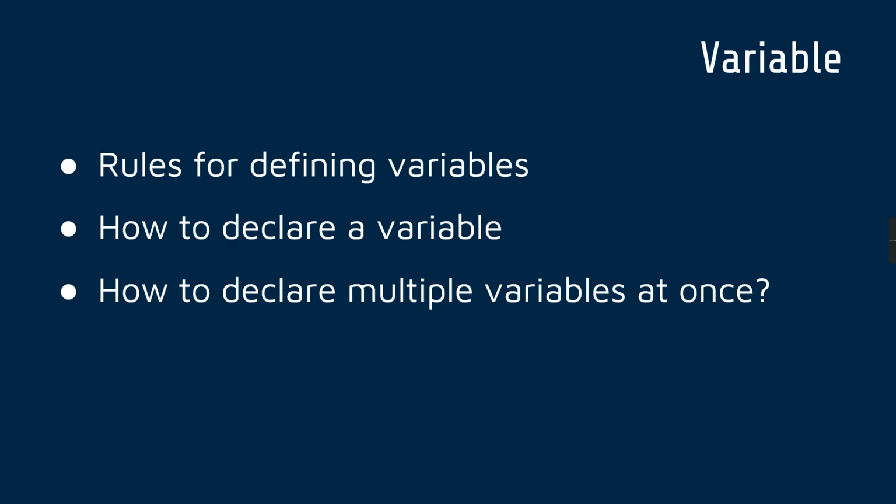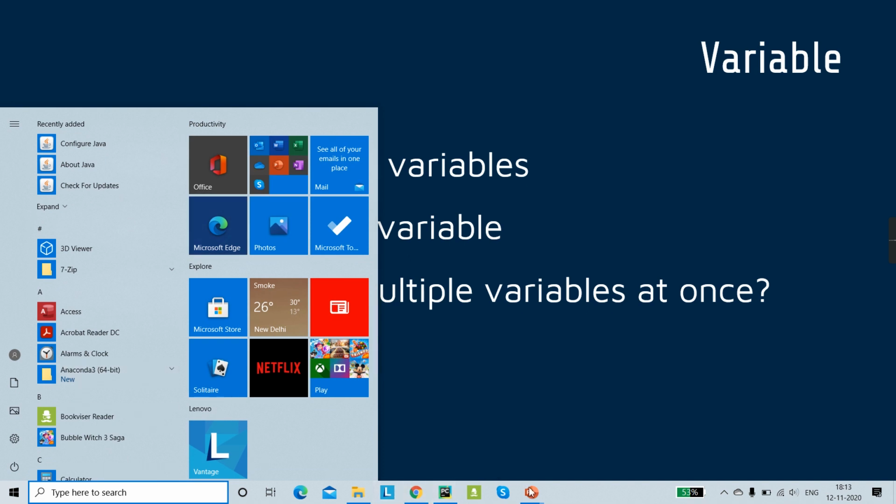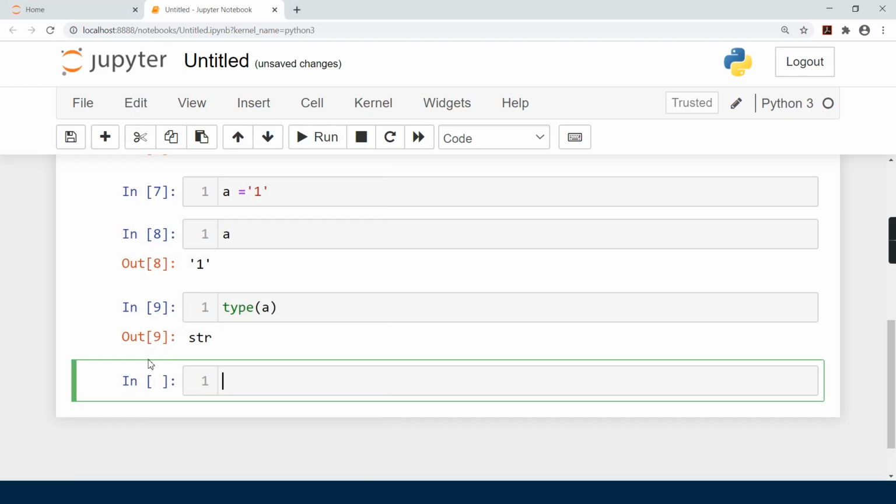The second and the most important rule is that you have to avoid using the special keywords. By special keywords, I mean, let's go back to our notebook. Now you can see type of A is str.